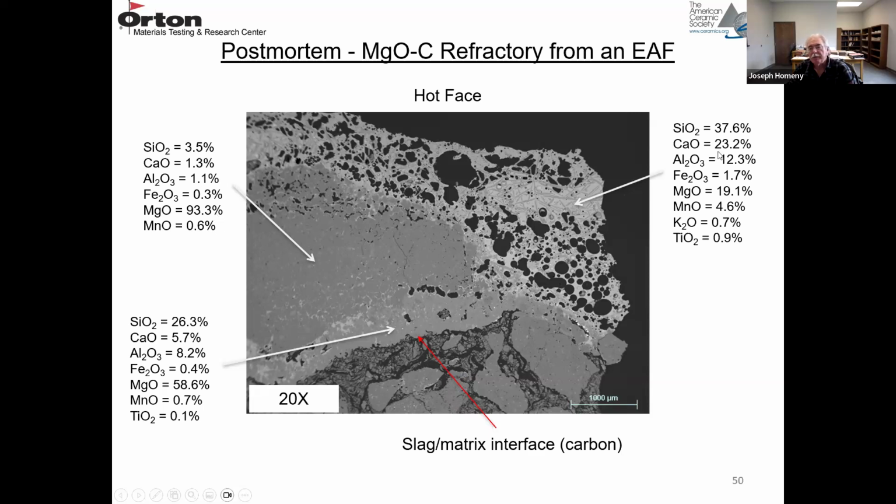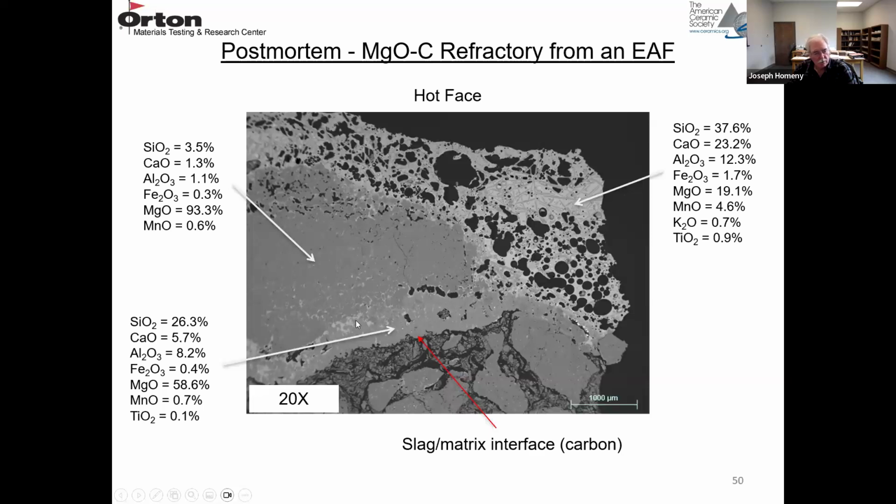The slag is silica, lime, alumina, and then some MgO because the refractory has been dissolved into the slag. So it's a lime, silica, alumina, MgO composition in the slag. Some of the silica has penetrated the refractory, so there's an enrichment in the silica content here. So the MgO content's a little lower than it started out at.